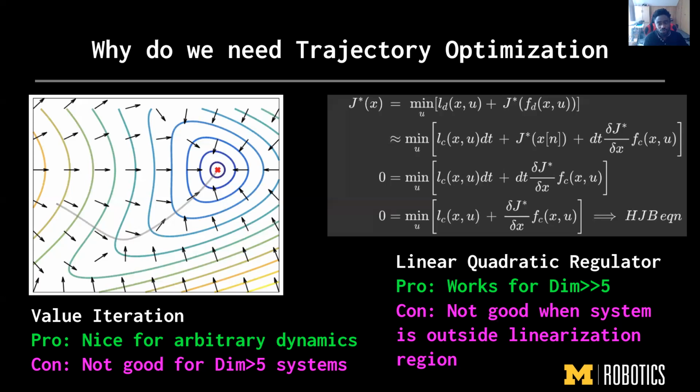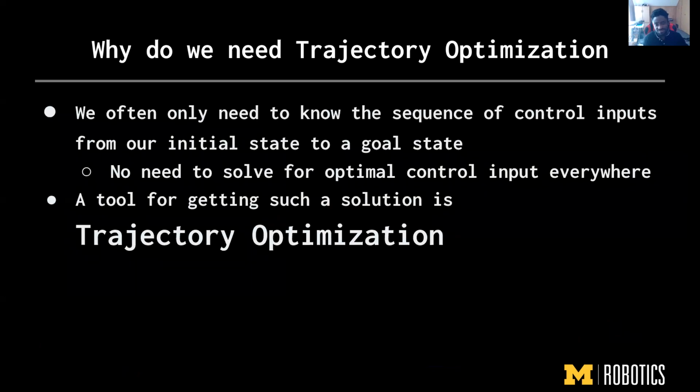And so, given these drawbacks of the last two approaches we've talked about in the last weeks, trajectory optimization basically tries to address these problems. The nice properties of trajectory optimization are, one, that it works for higher dimensional systems. It's agnostic to the dimensions of your system. You could be dimension 4 or dimension 40 or 50 or whatever.